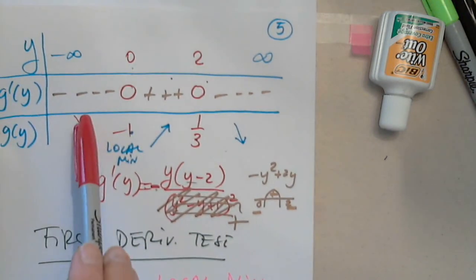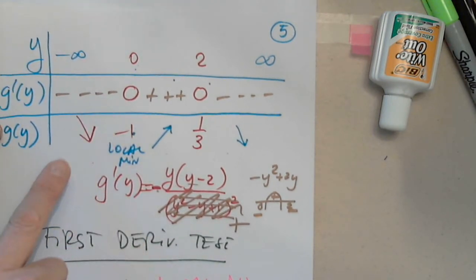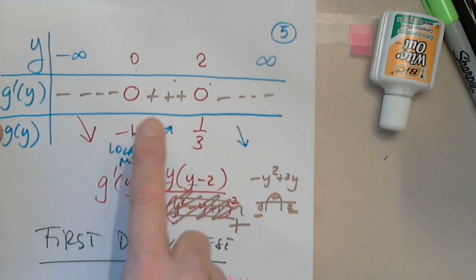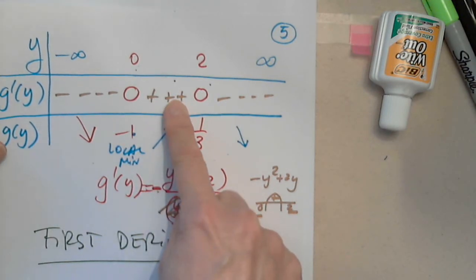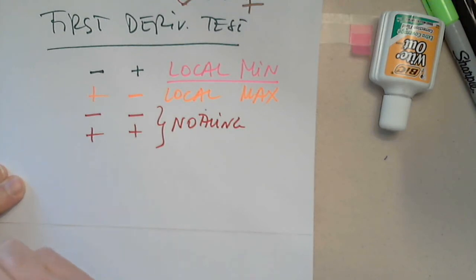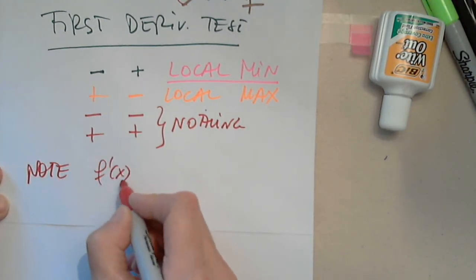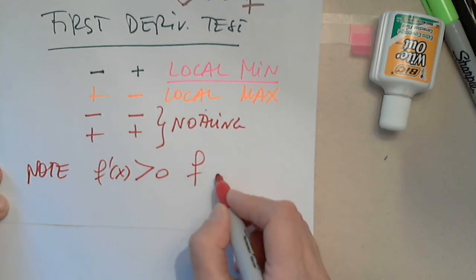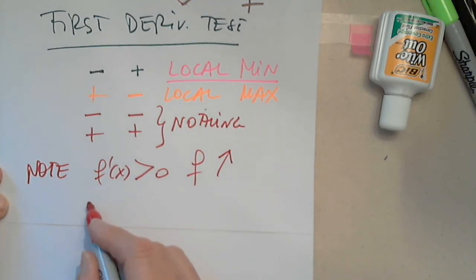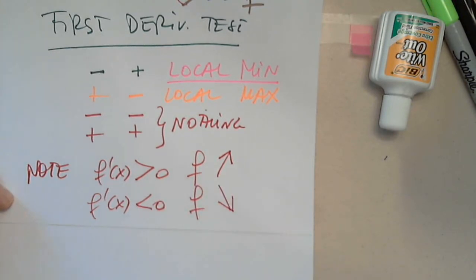Also, you already told me here, when the derivative is negative, the function is decreasing. When the derivative has a positive sign, the function is increasing. So note: the first derivative positive, function increasing. The first derivative negative, function decreasing.